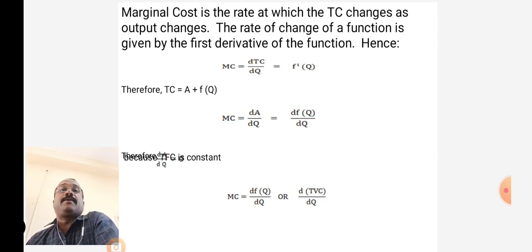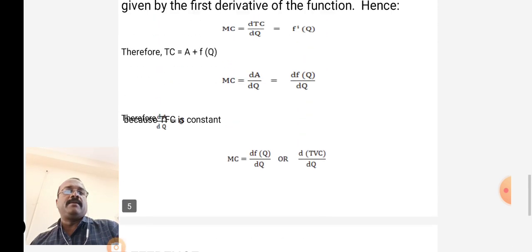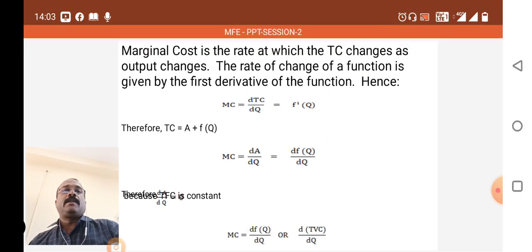So MC equals df of q divided by dq, or you may call it MC, that is marginal cost, equals d TVC divided by dq.